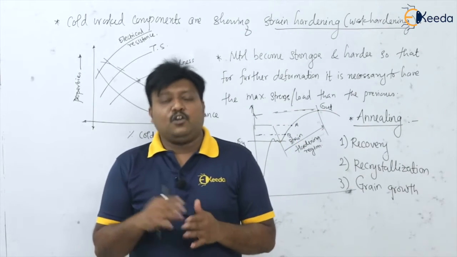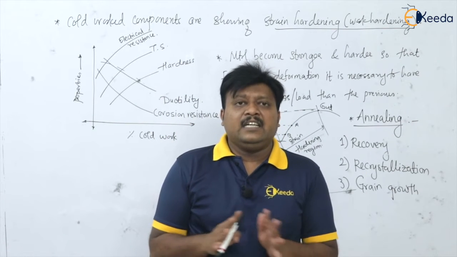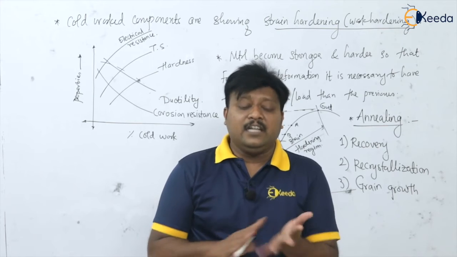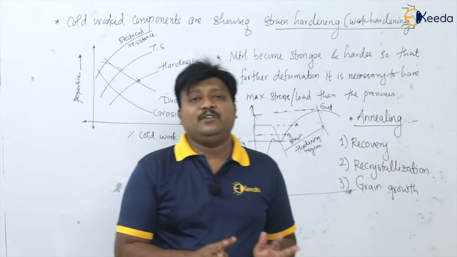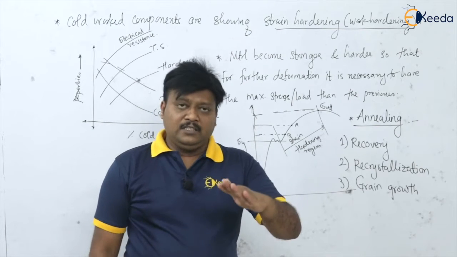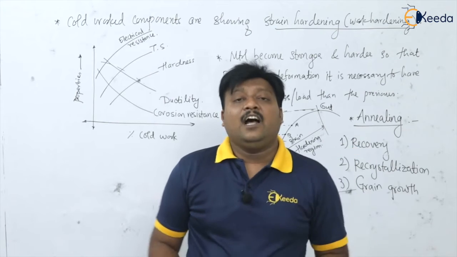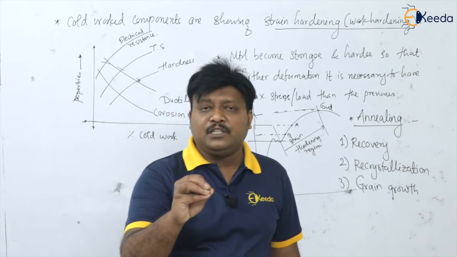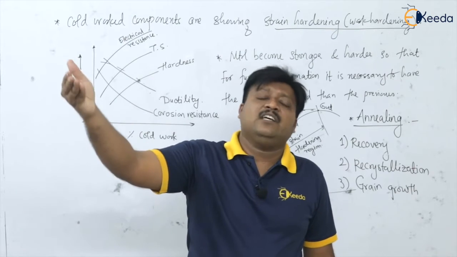Now if I talk about hot working, in hot working there is no strain hardening or work hardening phenomenon, because the material is heated above its recrystallization temperature, and above recrystallization temperature new grains are going to form.